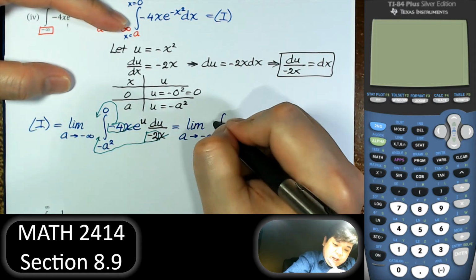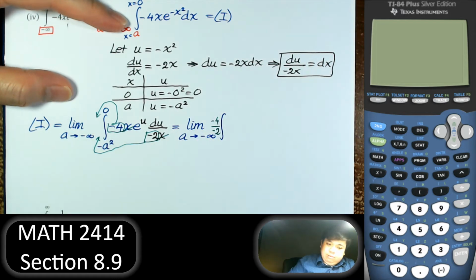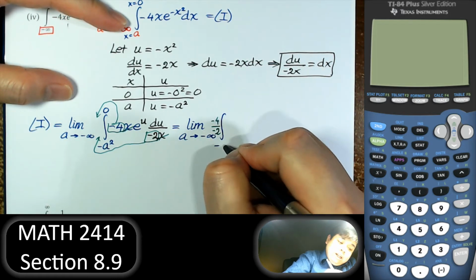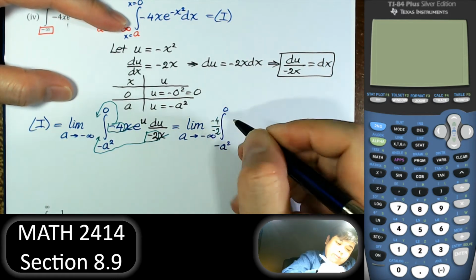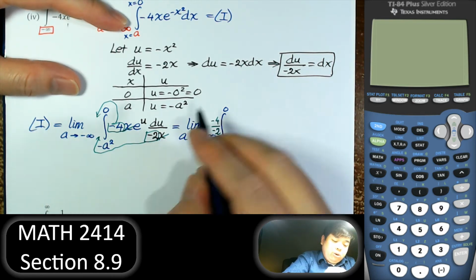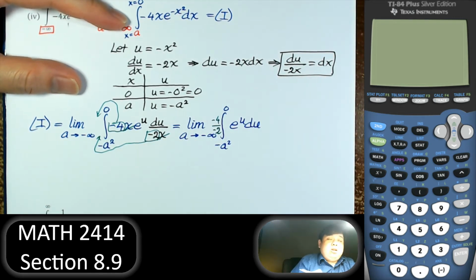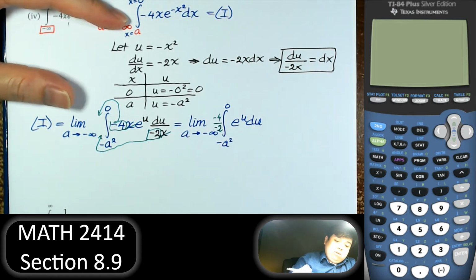Outside of the integral we have negative 4 over negative 2. Don't forget that. Negative a squared to 0. And everything either cancels or comes out of the integral. Just have e to the u du, and the integral of that is still the same thing. Negative 4 over negative 2 is 2.